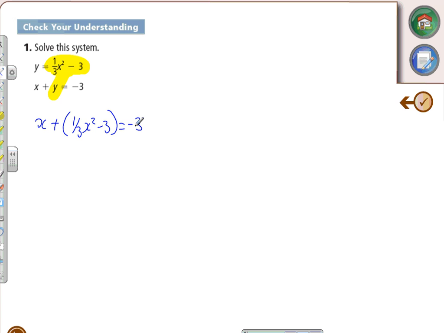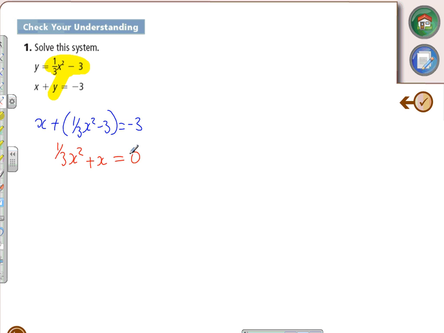Let's collect our like terms. Taking the -3 over to the other side, we're going to get 1/3 x squared plus x. Actually, I'll bring this -3 over here, equals 0, either way.